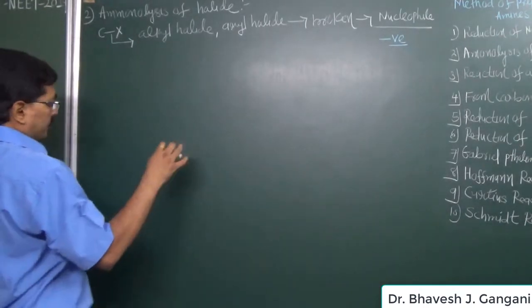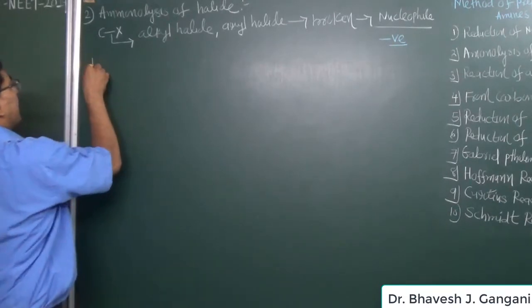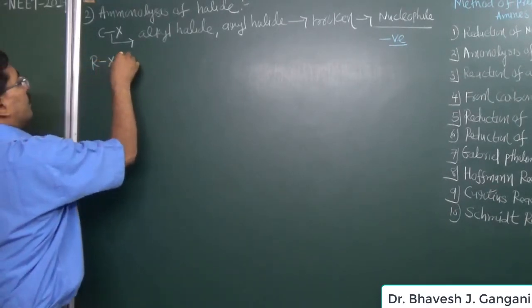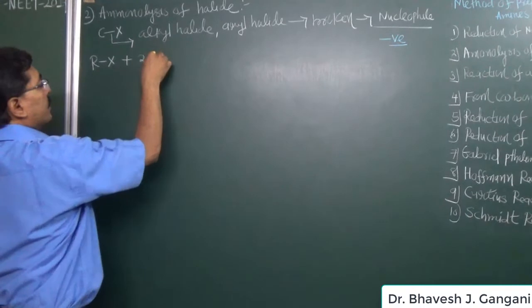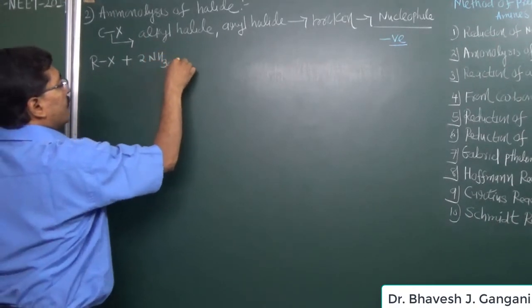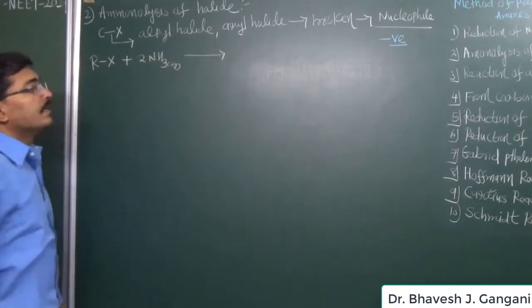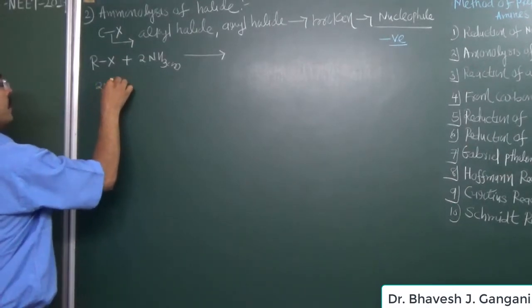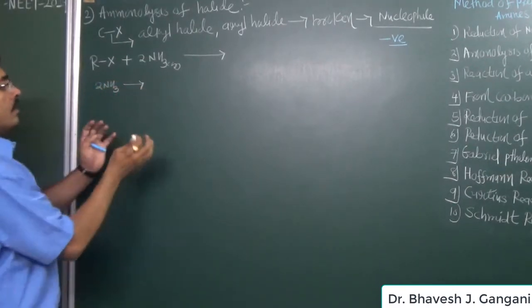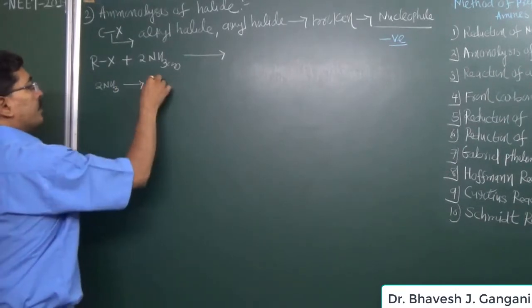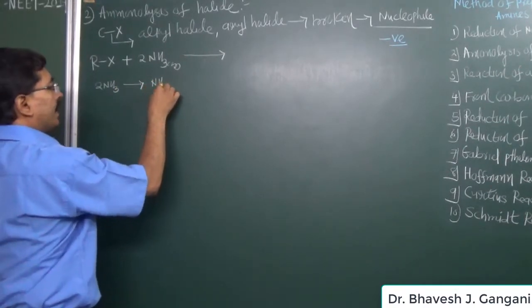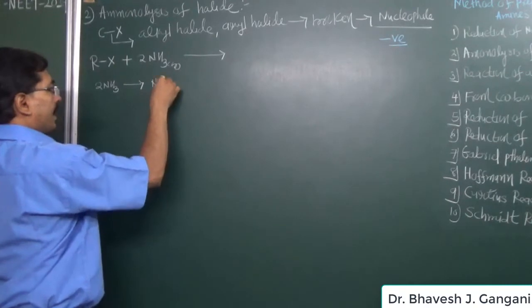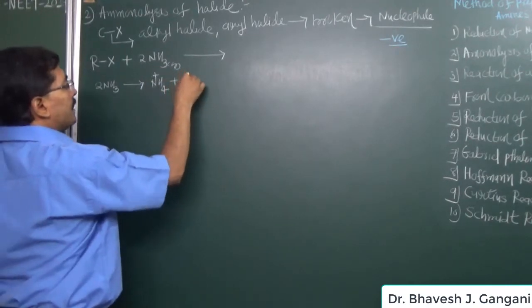So now suppose we have this alkyl halide, and it is allowed to react with excess of ammonia in a closed container. Then 2 moles of ammonia undergo self reaction, and due to this we get NH4 plus and NH2 minus.